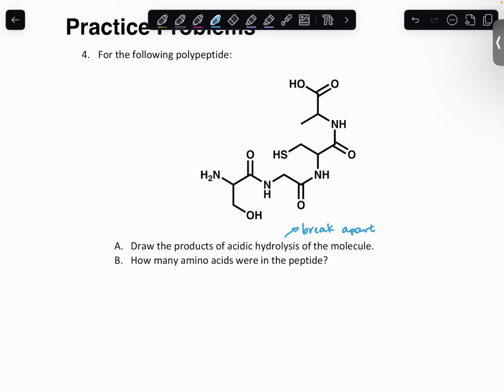So how many breaks should I have here? Where are they? True. How many amino acids does this give us? 4. So when we draw these broken apart, we're going to basically replace the water that we previously had.